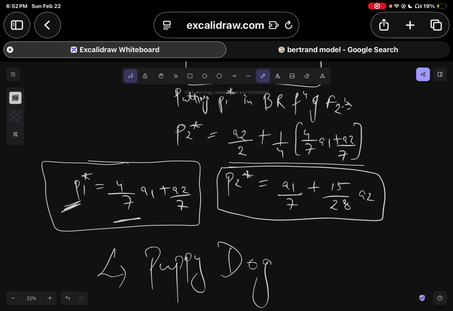So P1 star, even though the price leader, is not aggressive. That's why it acts timid even though the leader has the first choice of pricing.